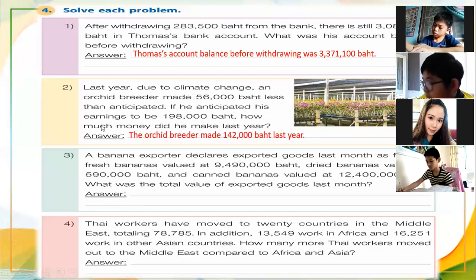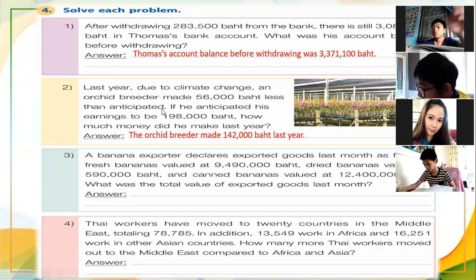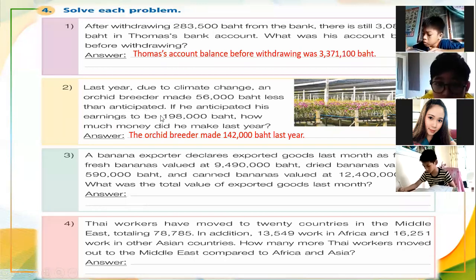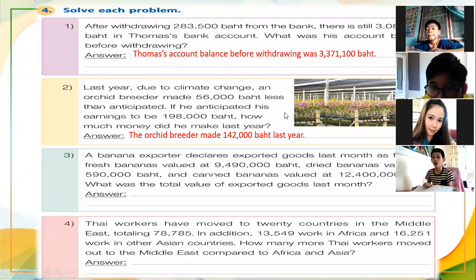Okay, now number 2. Last year, due to climate change, an orchid breeder made 56,000 baht less than anticipated. If he anticipated his earning to be 198,000 baht, how much money did he make last year?